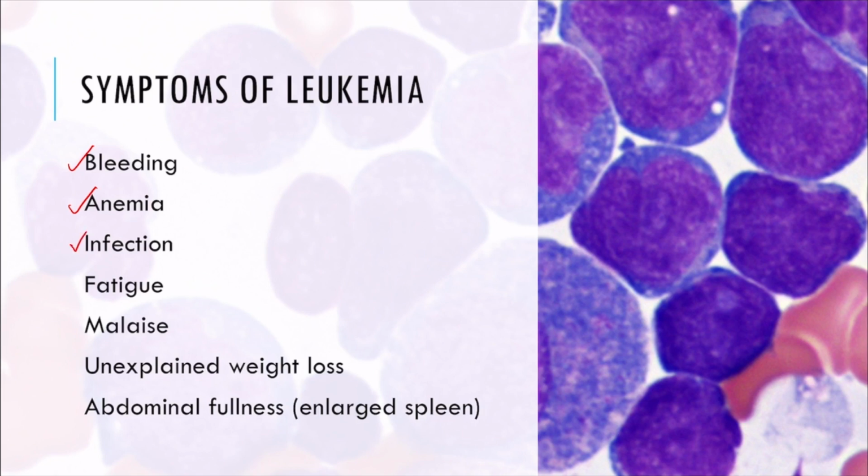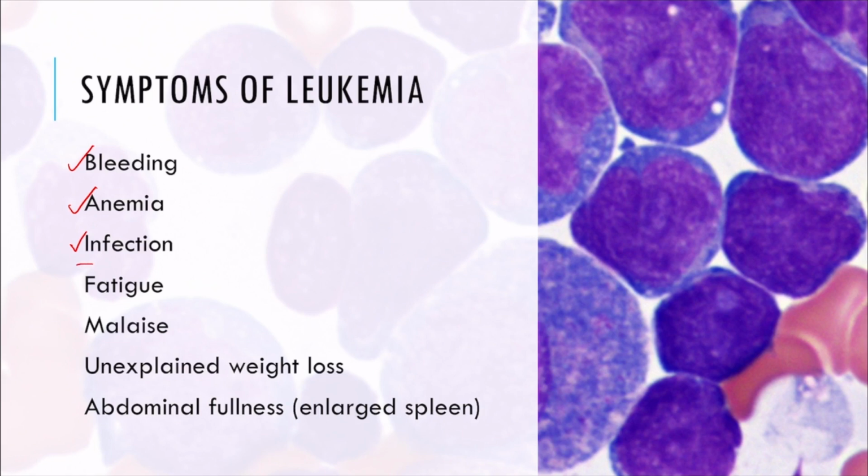Infection becomes very common because they're making a ton of leukocytes, but they're not functional. So the abnormal, non-functional circulating leukocytes don't have the same ability to fight invaders as the fully differentiated adult cells would have done. So they're more prone to developing infection and being unable to fight off infection.